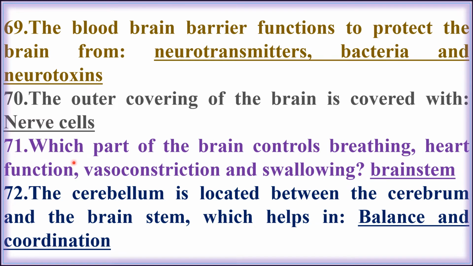Next, which part of the brain controls breathing, heart functions, vasoconstriction, and swallowing? That is brain stem. Next, the cerebellum is located between the cerebrum and the brain stem, which helps in balance and coordination.